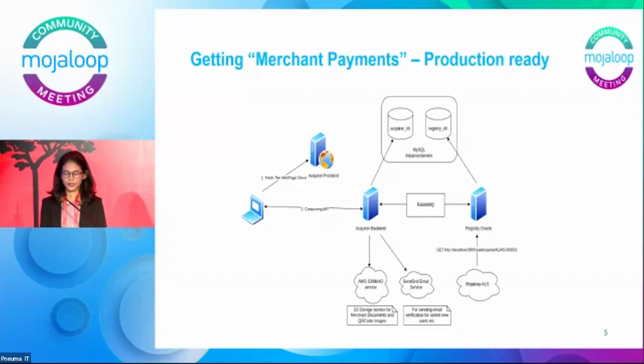Those information are stored in the acquiring portal and not included in the merchant registry, since the merchant registry is only intended for the local service. So the QR code is generated on the acquiring side of the system.